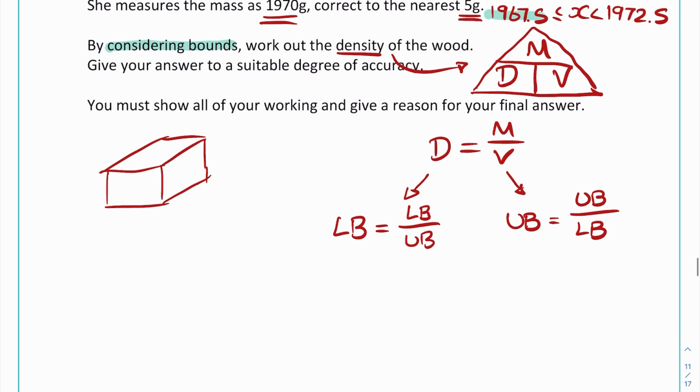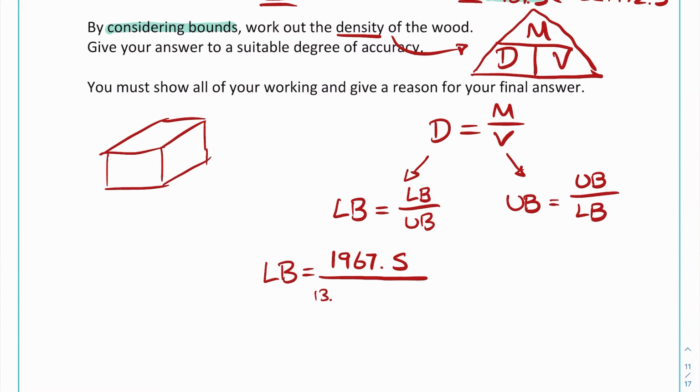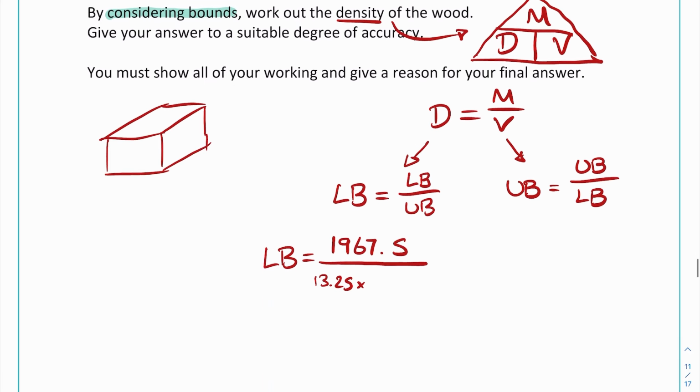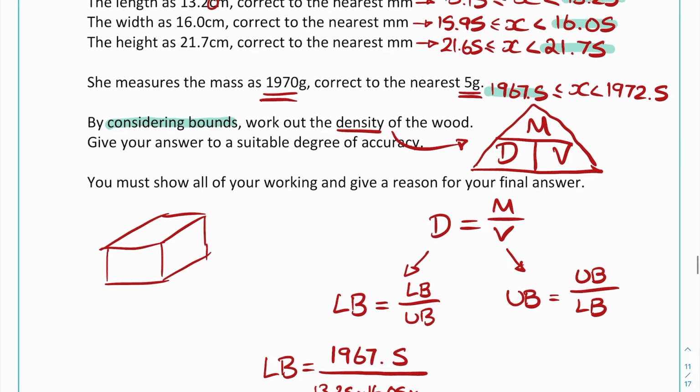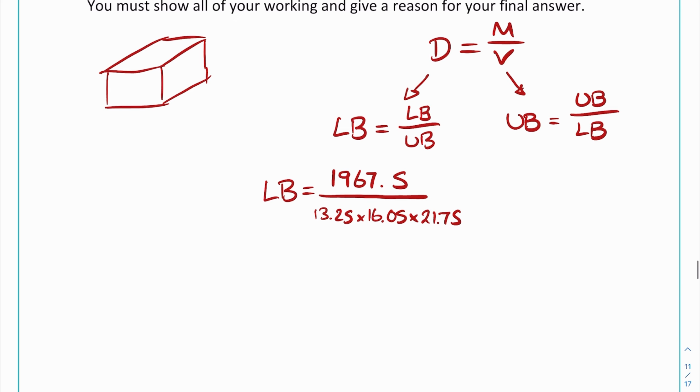So if we do that to start with, the lower bound will be equal to 1967.5 divided by all those numbers times together, so 13.25 multiplied by 16.05 multiplied by 21.75. Of course you could work out the volumes separately and then use that number, but I'm just going to stick it all in one go.